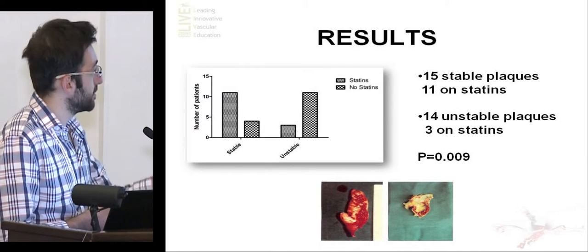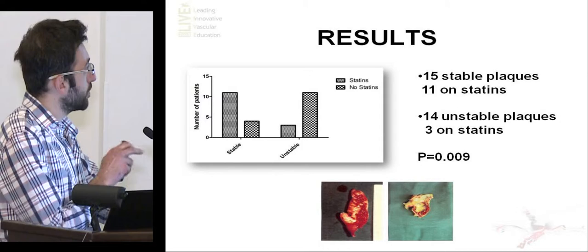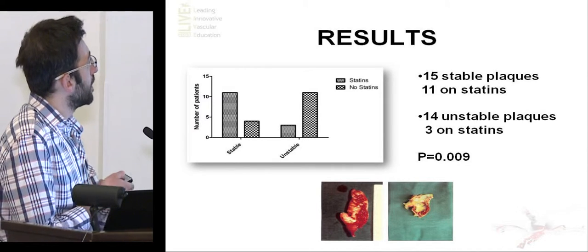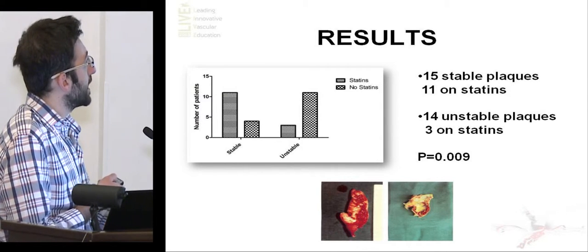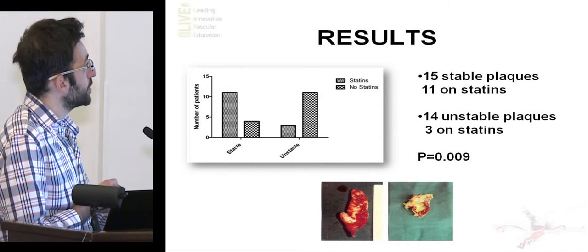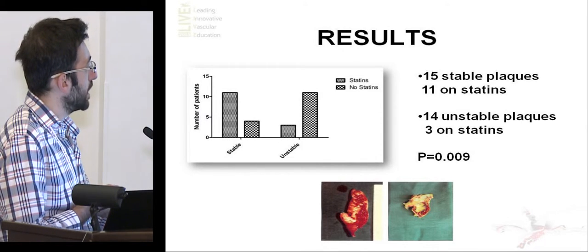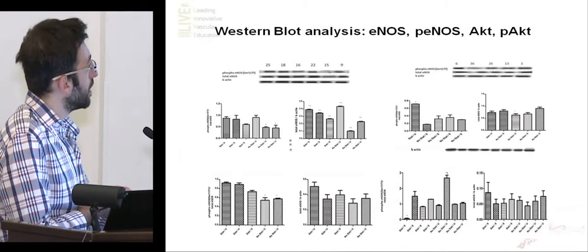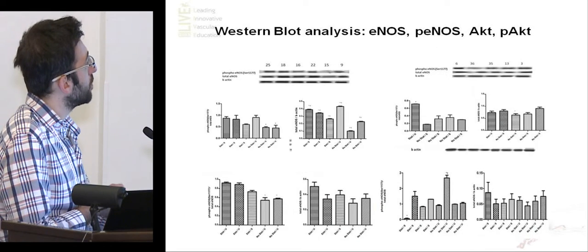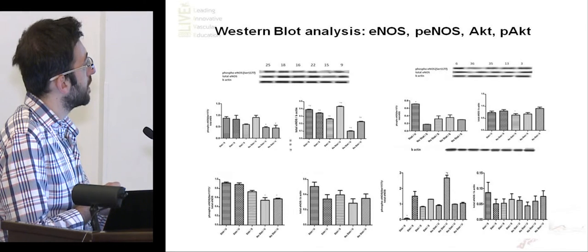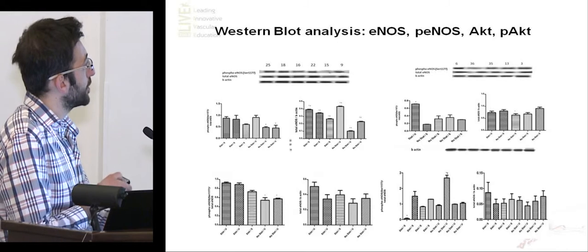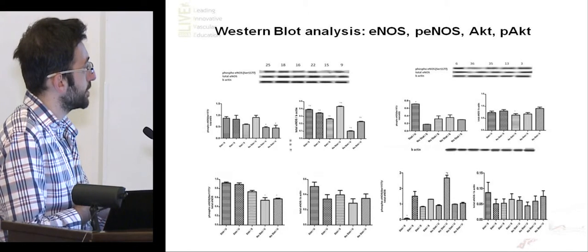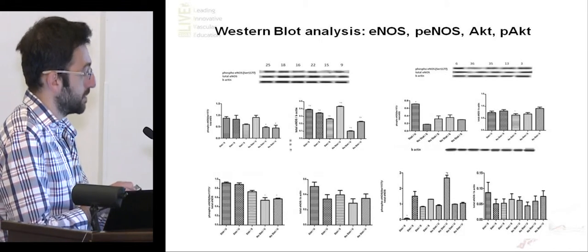It's too complicated to see, but I want to state here that the expression of phosphorylated eNOS was higher in patients who were under statins, and also higher in patients who had stable plaques. The phosphorylated AKT with beta-actin was also higher in patients under statins, and also higher in patients who had stable plaques.